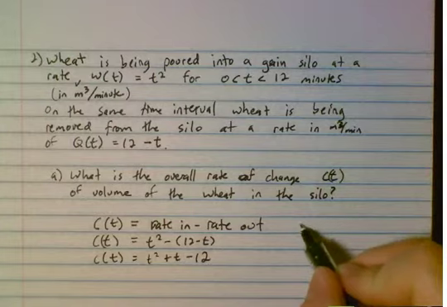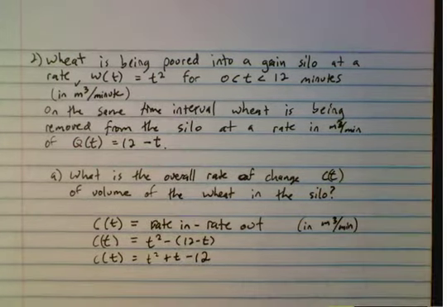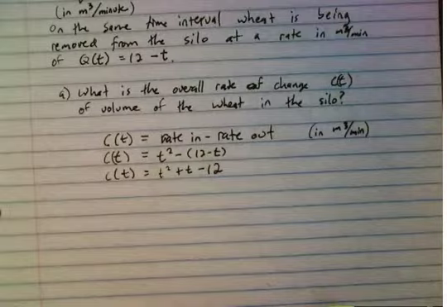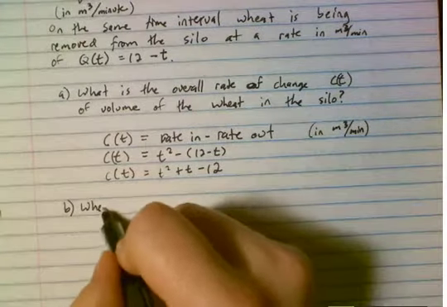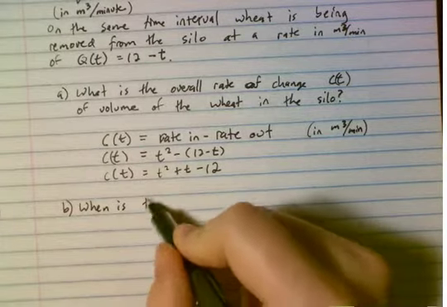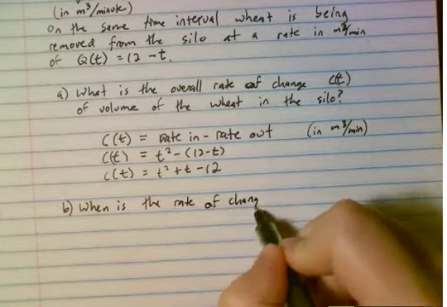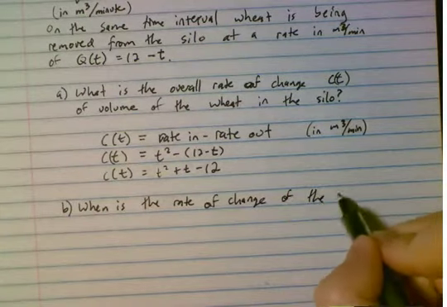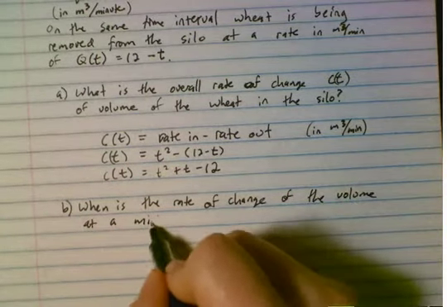And that's still going to be in meters cubed per minute. Once we have that, we can ask all of our normal questions. When is the rate of change of the volume at a minimum?